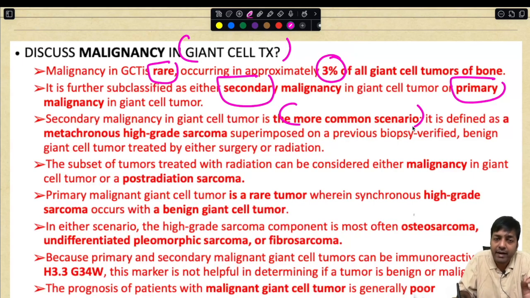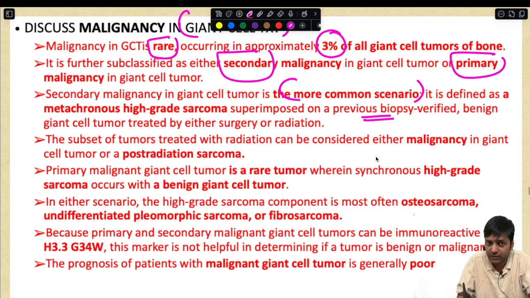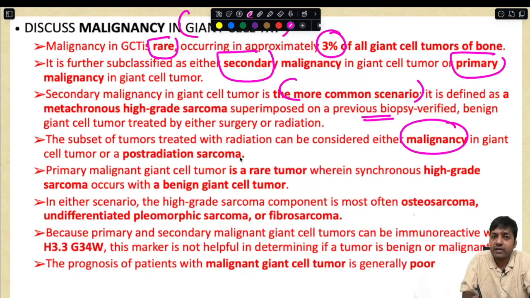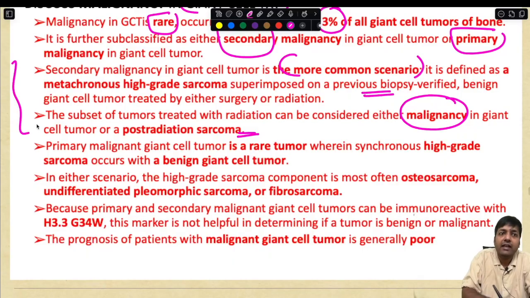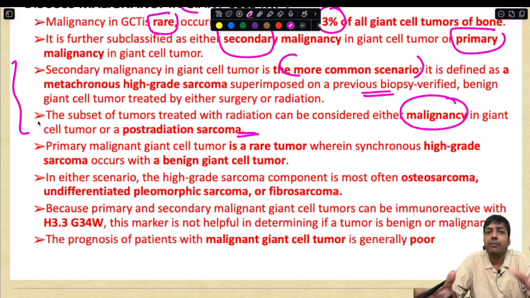It is defined as a metachronous high-grade sarcoma superimposed on a previous biopsy-verified benign giant cell tumor treated by either surgery or radiation. The subset of tumors treated with radiation can be considered either malignancy in GCT or a post-radiation sarcoma. So secondary one is basically secondary to something. Already a previous history of benign giant cell tumor is there.